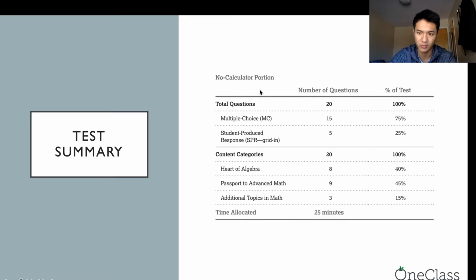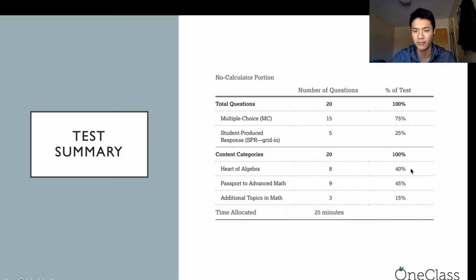For the non-calculator portion, we also have this breakdown of about 75% multiple choice, 25% gridded response, and we can see here that there are no Problem Solving or Data Analysis questions on the non-calculator portion. We're purely testing Heart of Algebra, Passport to Advanced Math, and Additional Topics in Math.